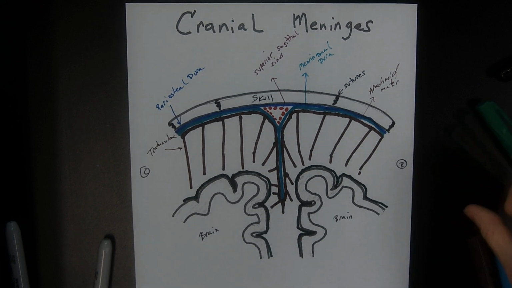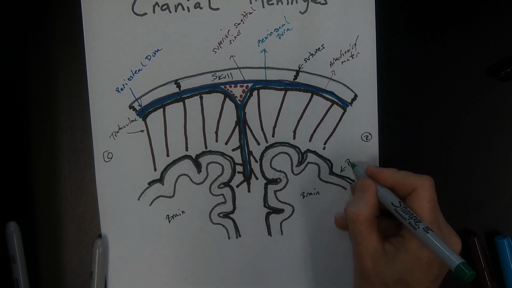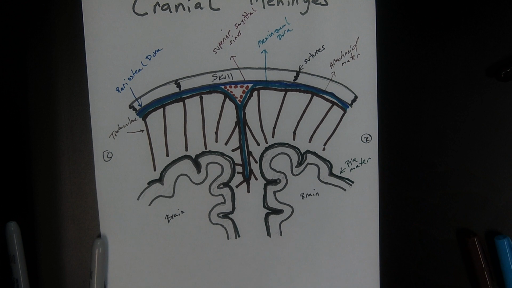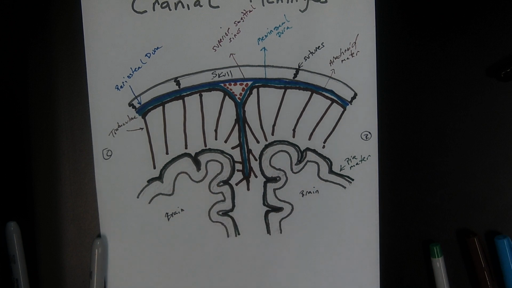Okay, and this, in green, is just your pia mater. Okay, that's your soft mother. The way that I've drawn it, there's really no space between the trabeculae and the pia mater. That's just the connection. I mean, they can be opposed to each other.